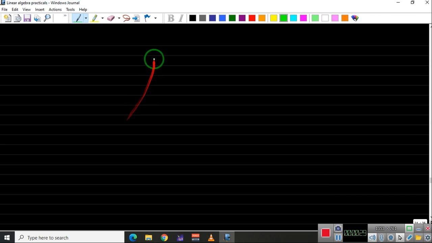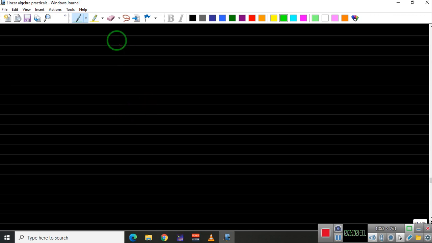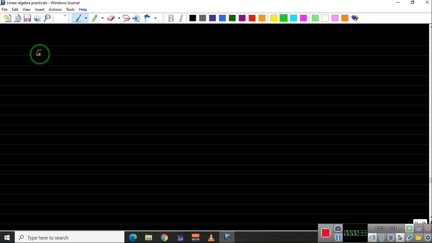Okay, so let me take one example here to solve. Then we will use the Gaussian elimination method and see what is the nature of the system. Is it consistent or inconsistent?